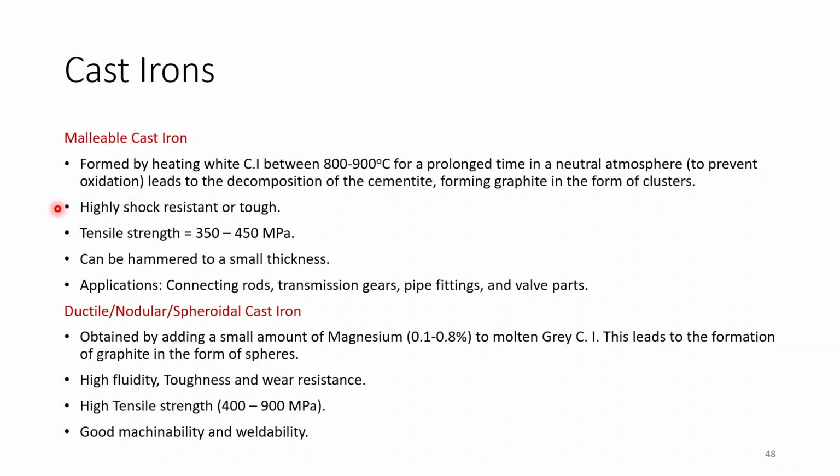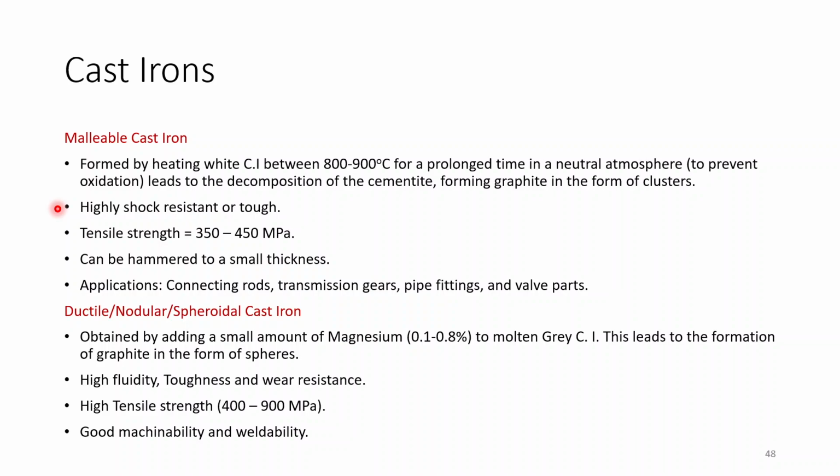It is highly shock resistant or tough, the tensile strength is between 350 to 450 MPa, and it can be hammered to a small thickness. Applications are in connecting rods, transmission gears, pipe fittings and ball parts.